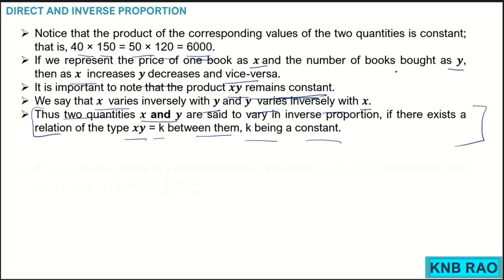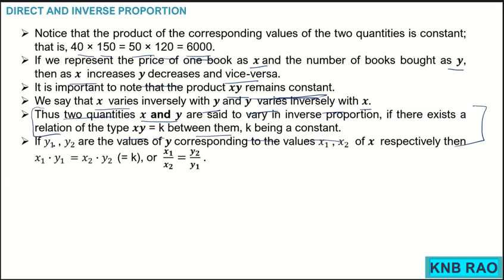So, if y1 and y2 are the values of y corresponding to the values x1 and x2 of x respectively, then x1 into y1 equals x2 into y2, which gives k. In other words, x1 by x2 equals y2 by y1. This is another important formula when you are solving problems on inverse proportion.